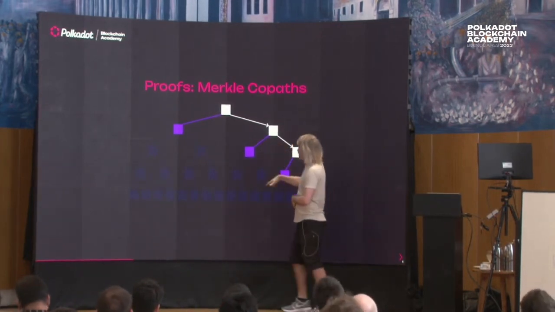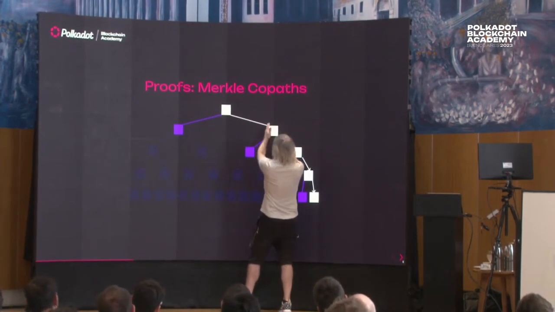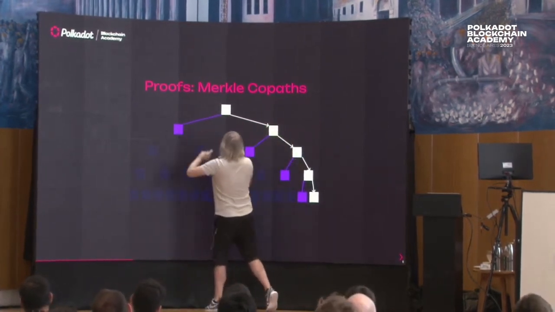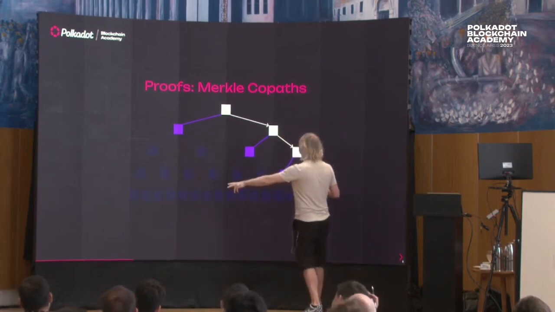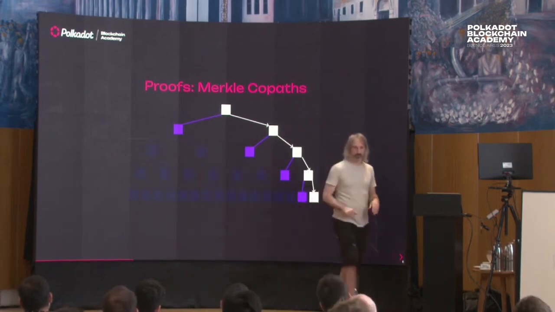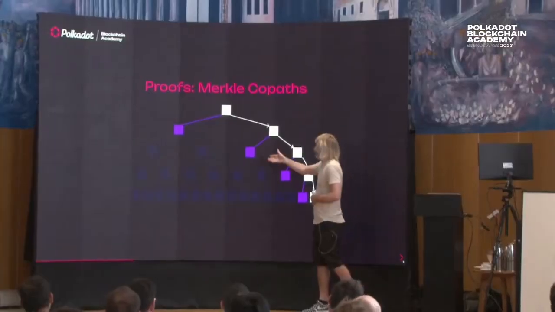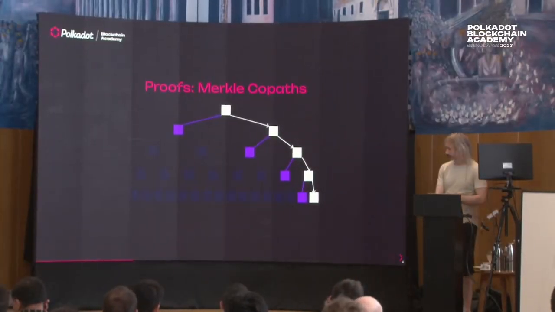So it's basically 2 minus 1, right? 2 nodes, we know one of them just from calculating from its children. So it's 2 minus 1 multiplied by log to the base 2 of 16. In this case, 4 multiplied by 1. This is one node that we don't know at each level.